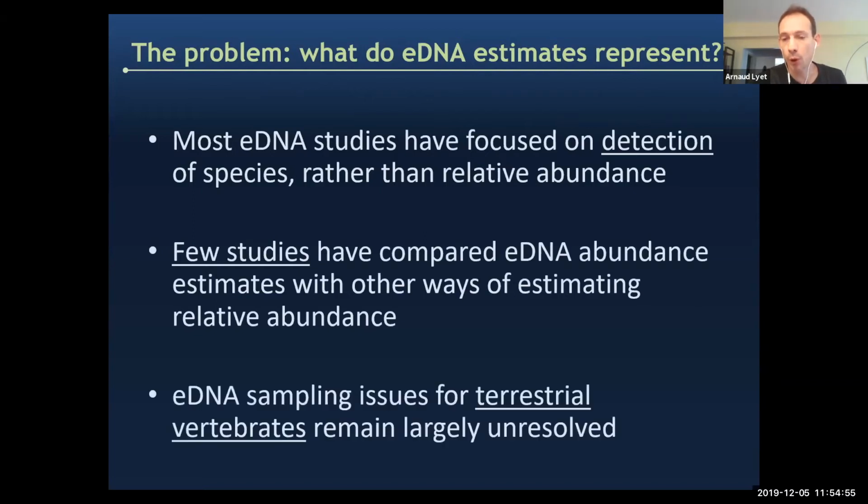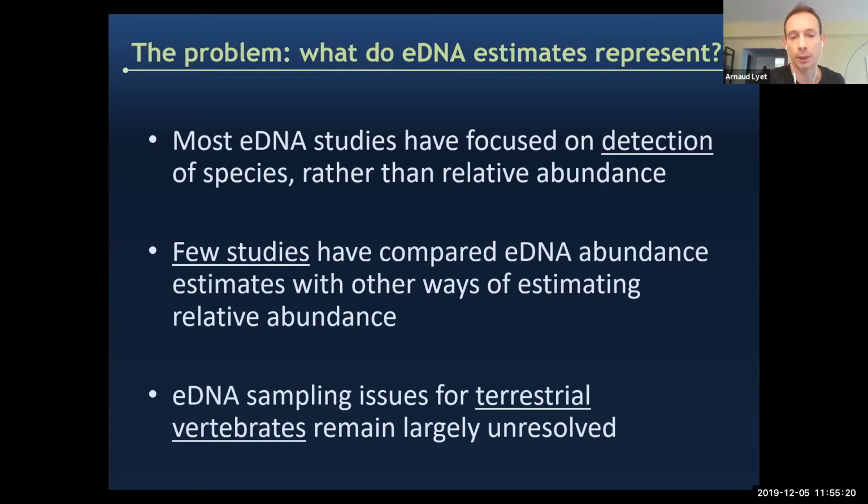So for eDNA and terrestrial vertebrates, it has remained largely unresolved. And the study that we are presenting, I'm giving it over to Robin for introducing our study, is to try to understand better this situation and answer these questions.